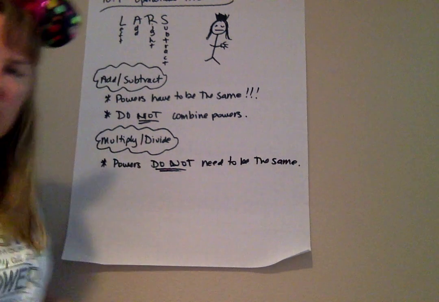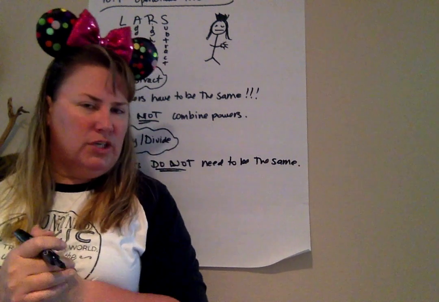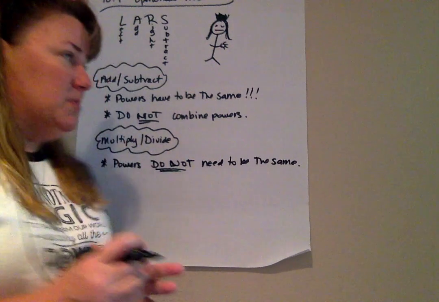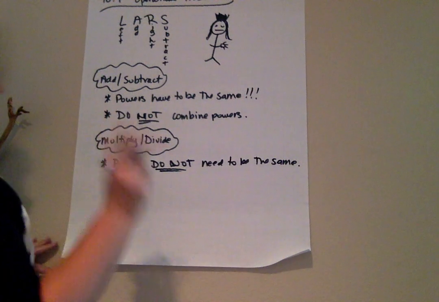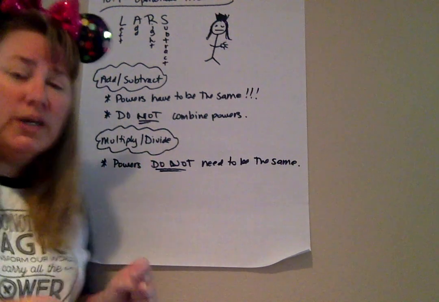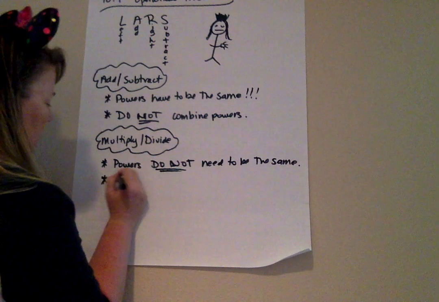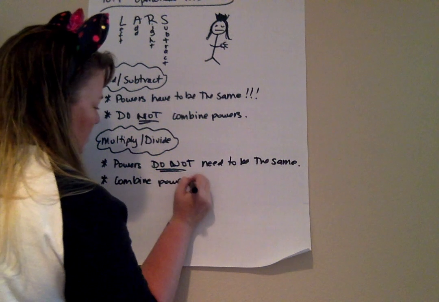Okay? You don't have to make them into the same power. That's the kind of fun, cool thing about scientific notation when you're multiplying and dividing. But what you are going to do is combine these powers.